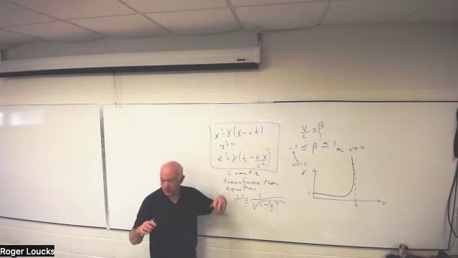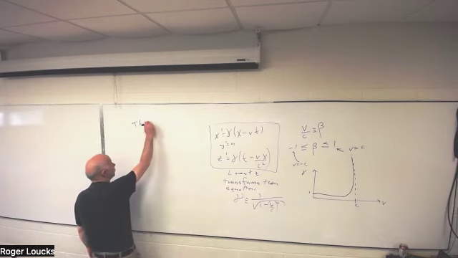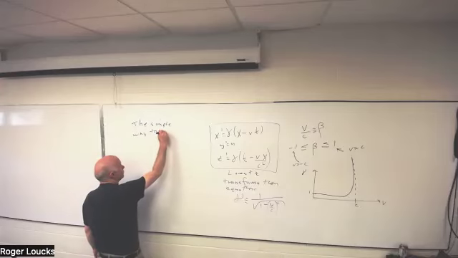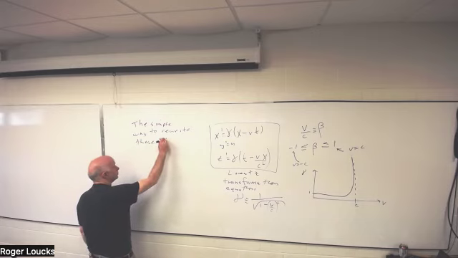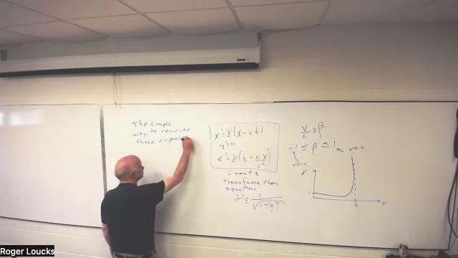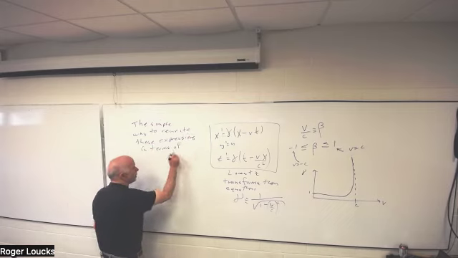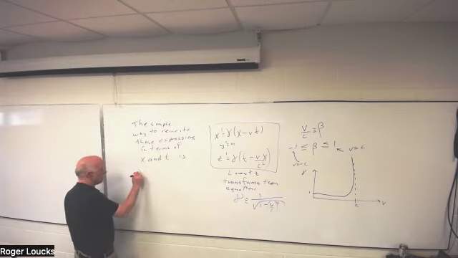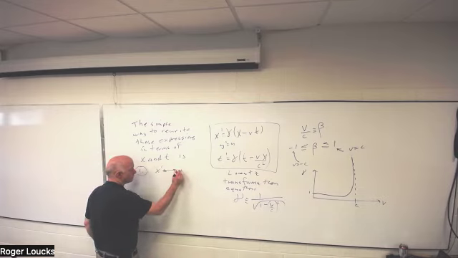Well, you could solve the algebra. We're going to show you the dumb way to get it. The simple way to rewrite these expressions in terms of x and t is, where you see x prime and t prime, you substitute these things.